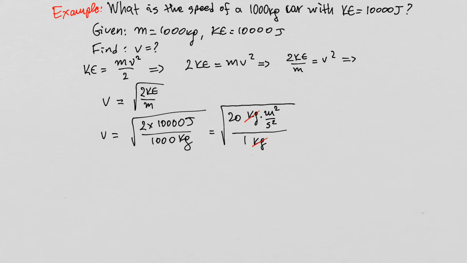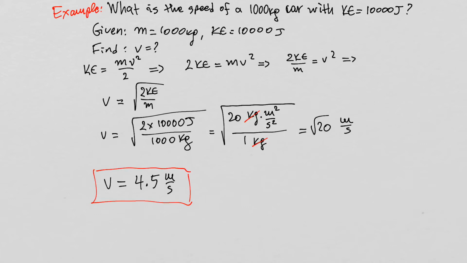And so what we end up with is the square root of 20 meters per second, which finally gives us v is equal to 4.5 meters per second. And so this is the speed of the car.